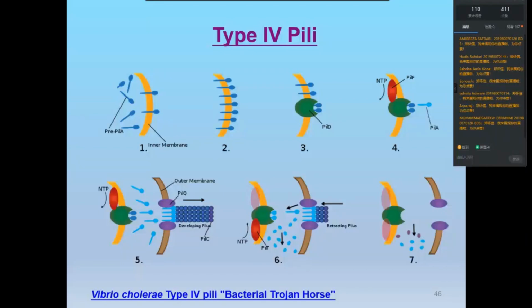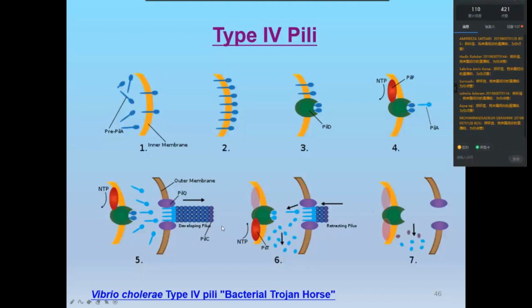But type 4 pili have another property: when the pilus is extended from inside to the outside, it can grab the surface and pull the bacteria. It can also grab DNA molecules.